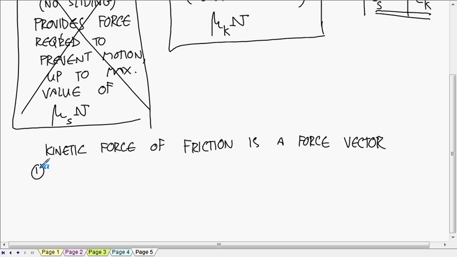The first thing, so any force vector you can break up into a direction and a magnitude. The direction is opposite the direction of motion. In other words, opposite the velocity vector.